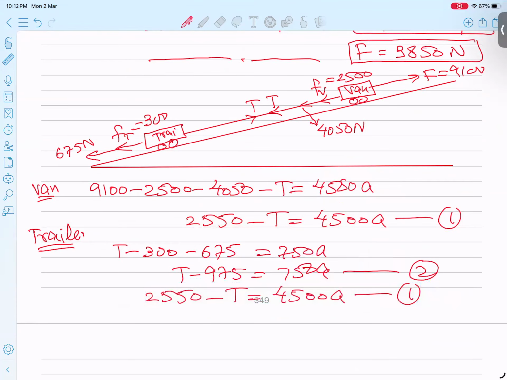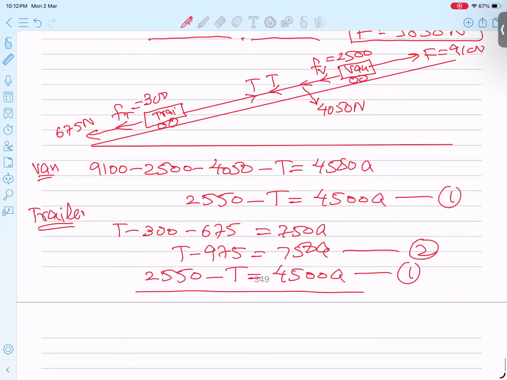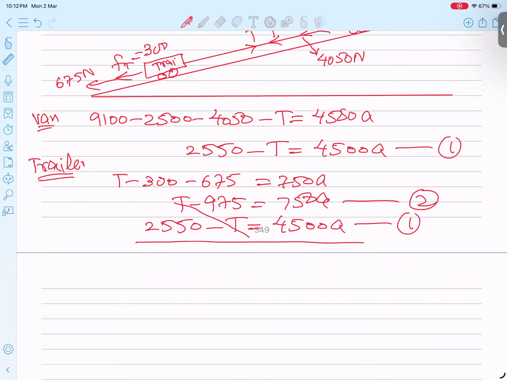So students, you can see clearly the tension cancels. So I can say here 2550 minus 975, and I'm getting here 1575. And on the other side, 4500 plus 750, I'm getting here 5250 times acceleration. So 1575 divided by 5250, I'm getting the acceleration is 0.3.